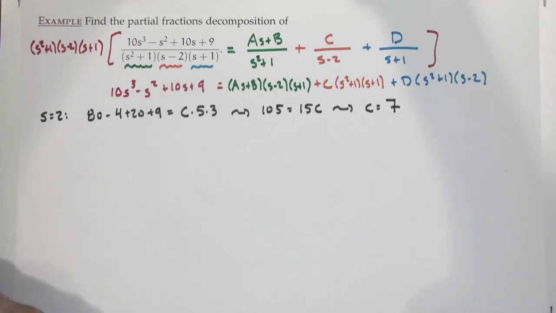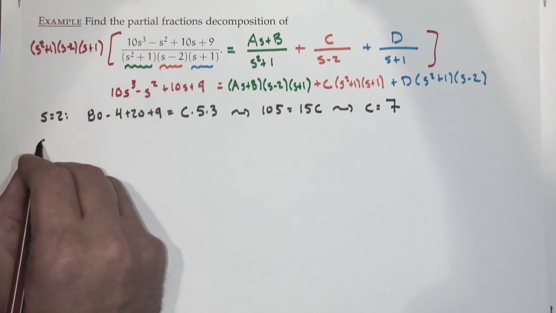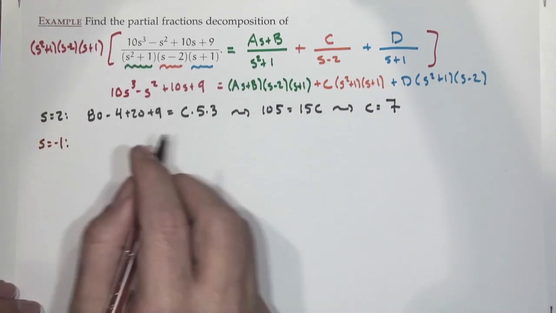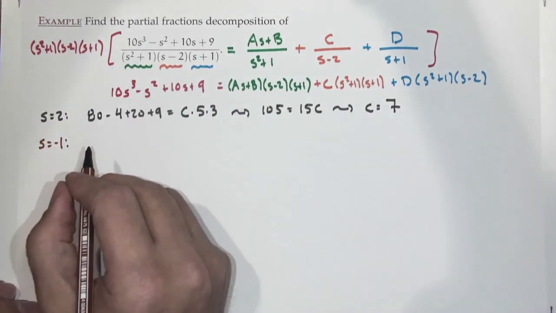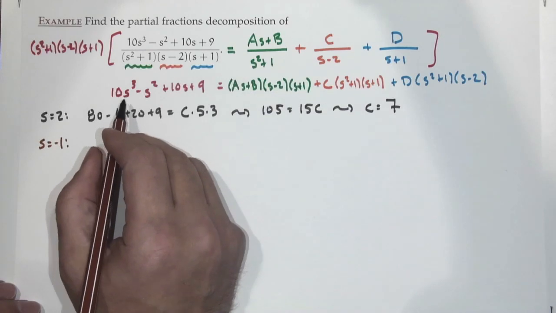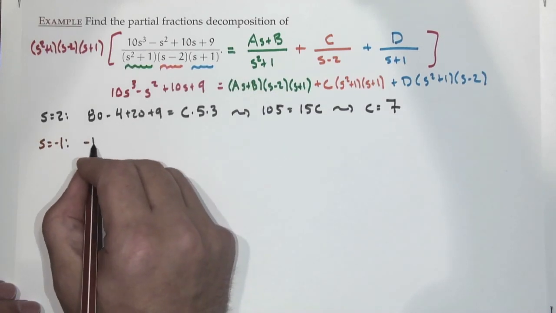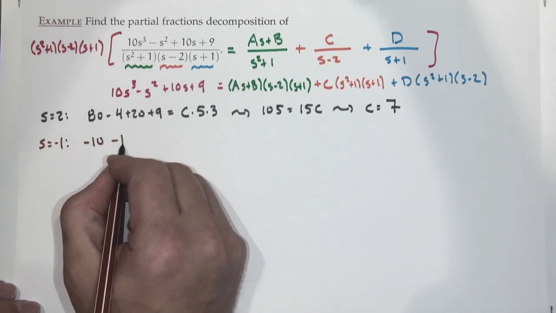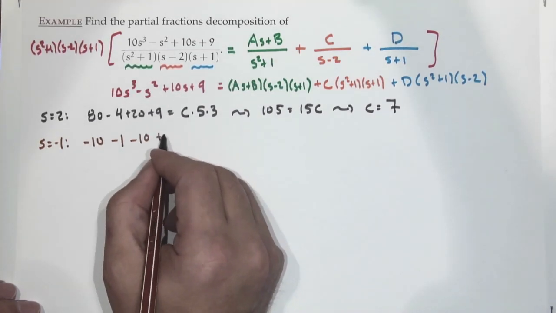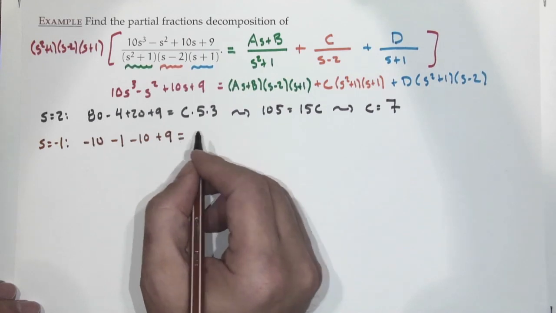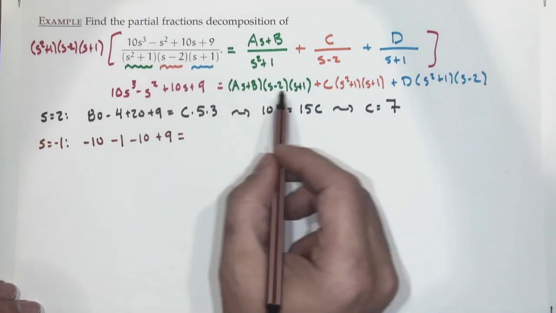Okay. So we now will choose s equals -1. Now, -1 knocks out the first and the second blocks. -1 cubed makes it negative, so that's -10. -1 squared is -1. And then a -10 and a plus 9 equals, okay, let's see, gone.